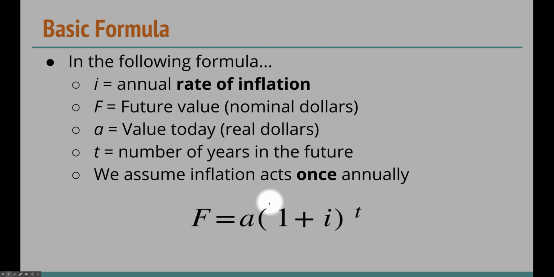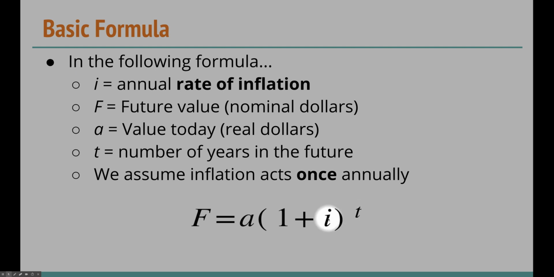If that's the case, then we say the future amount is equal to the real amount. So capital F is equal to little a times the quantity 1 plus the inflation rate I to the power of t. Now, this looks a lot like our compound interest formula, and that's because it is.